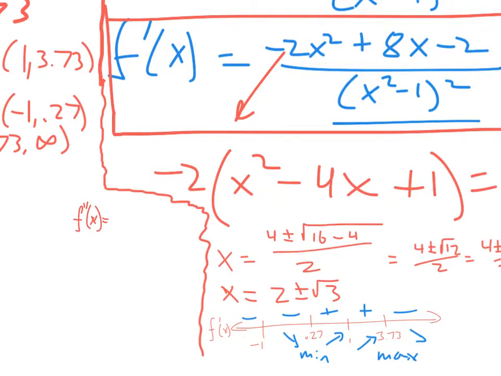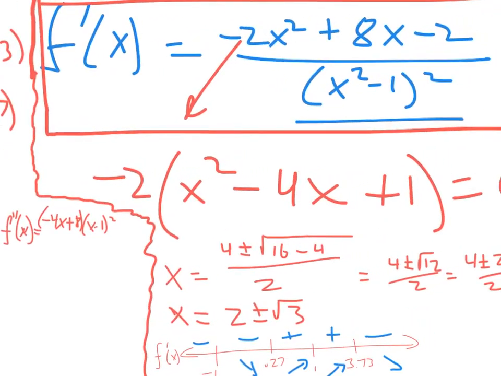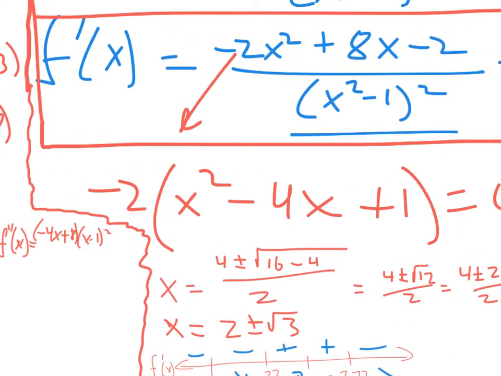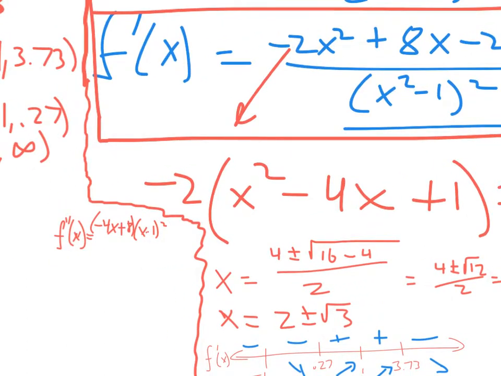Derivative of the top, we get -4x plus 8 times the bottom, x squared minus 1 squared. Then we're going to get the top. Let's see, we need to move this.